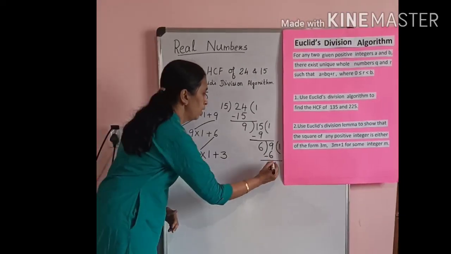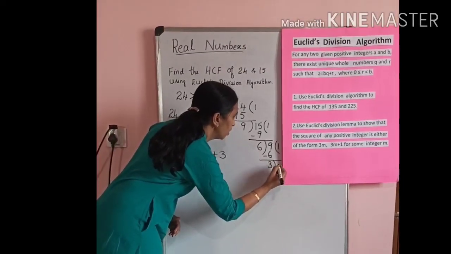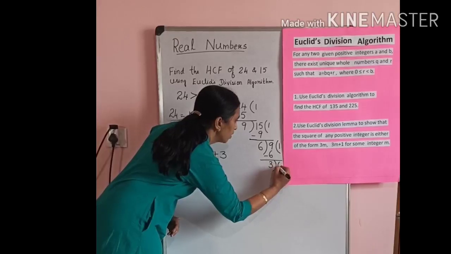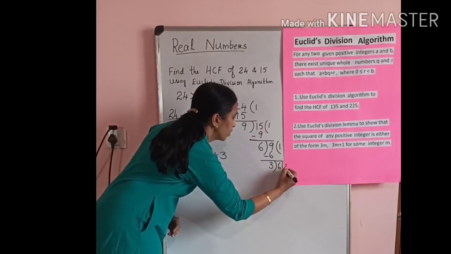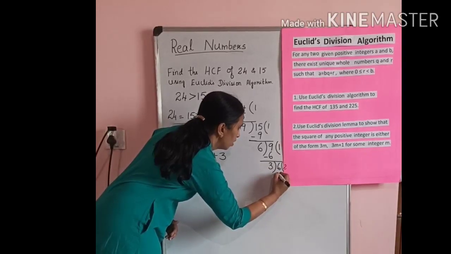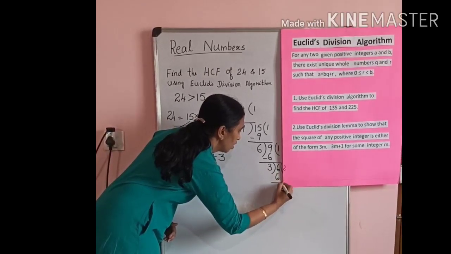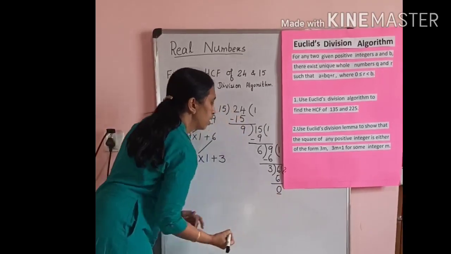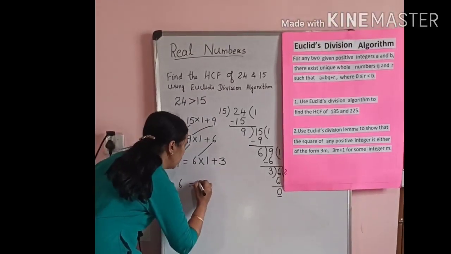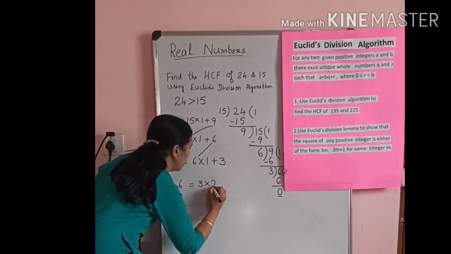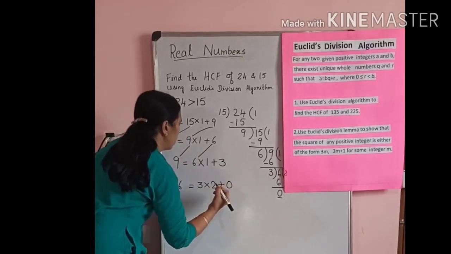Now continuing with the division algorithm, if you divide 6 by 3, we have 2 as quotient and 0 as remainder. Now this step we can write as 6 is equal to 3 into 2 plus 0.